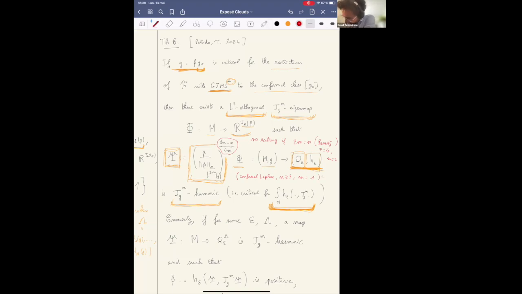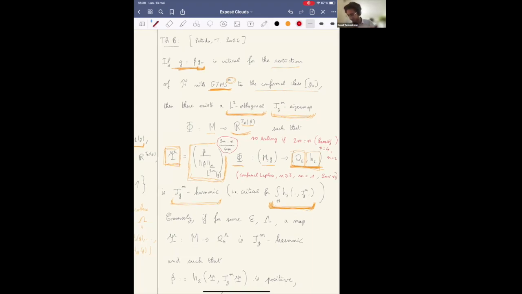So m is equal to 1, so we can never have 2m equal to n. So in the case of the conformal Laplace operator, we always have this kind of scaling.